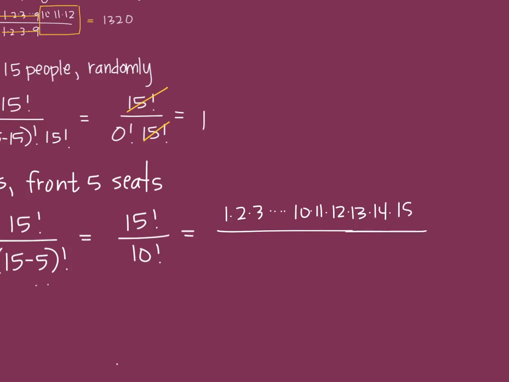And the bottom just has 1, 2, 3 up to 10. And so the first 10 numbers all reduce, and I'm left with 11 times 12 times 13 times 14 times 15. And then you would grab your calculator to evaluate what that is.